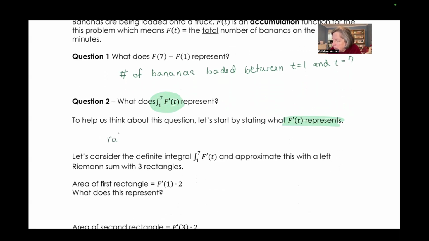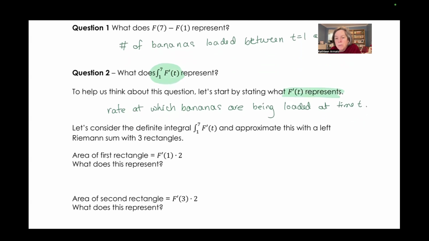So it's the rate at which bananas are being loaded at time t. Okay, so what would the integral of this rate function tell me?